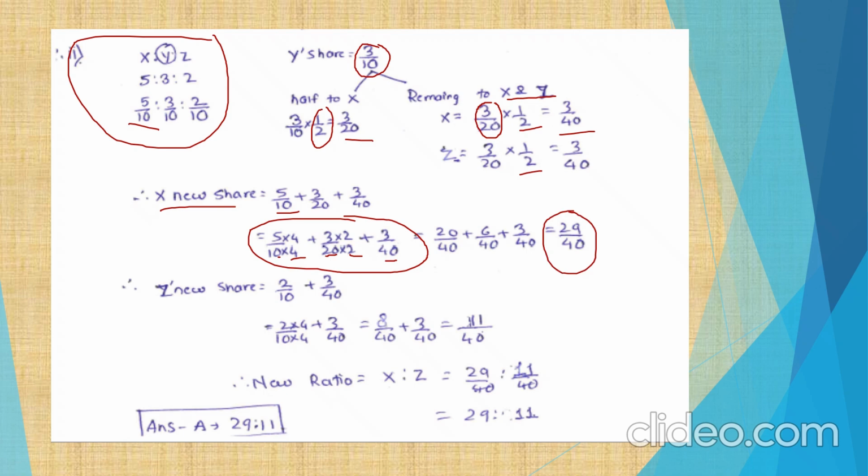And Z's new share will be 2 upon 10, and here he got how much? 3 upon 40, right? So 2 upon 10, again I'll multiply by 4 so I can make my denominator 40, and my answer will be 11 upon 40. So 29 from here and 11 from here. So 29 is to 11. So my answer is A. Okay.